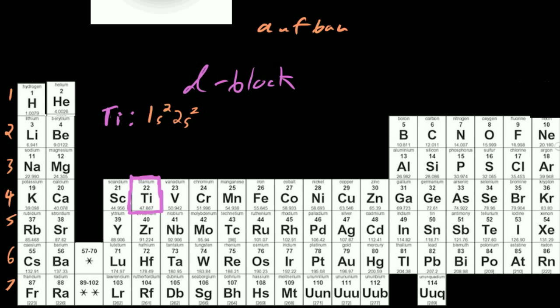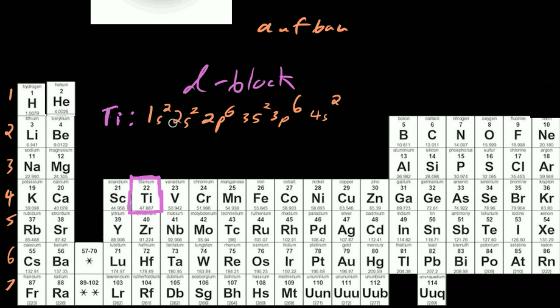Then we've got a completely full 2s2 and a completely full 2p orbital, 2p6, which is how many electrons it takes for a p orbital to be full, 6. Then we move on to 3s2, then the 3p orbitals, which are also completely full, 3p6. Now we come down to our 4s orbital, which is also completely full, so 4s2.